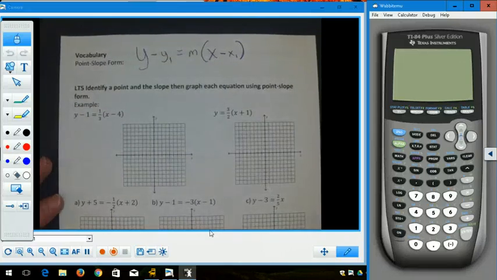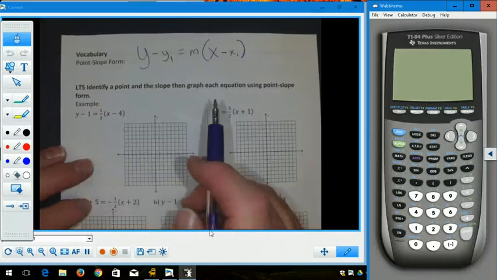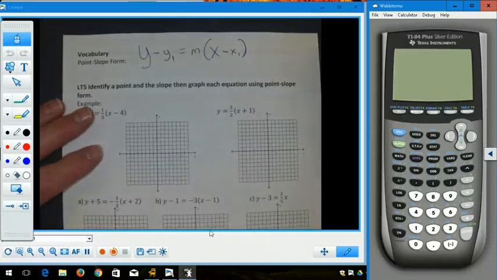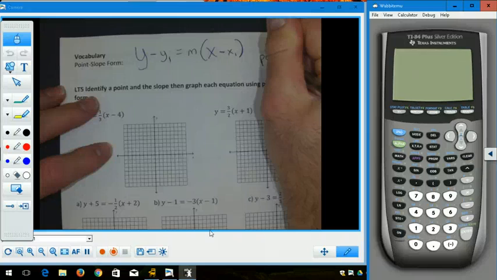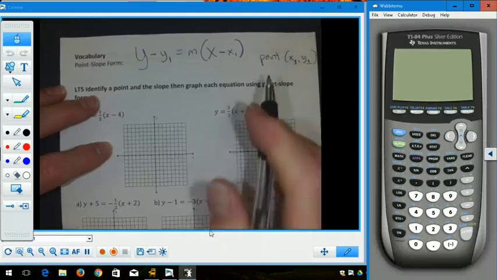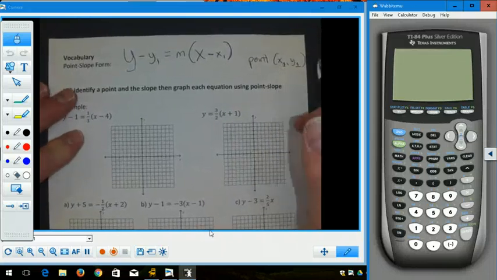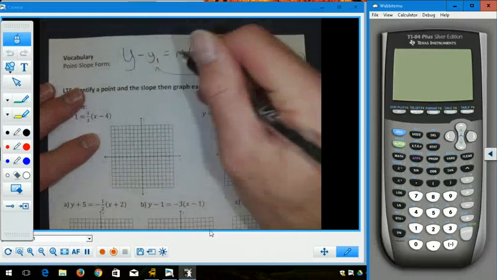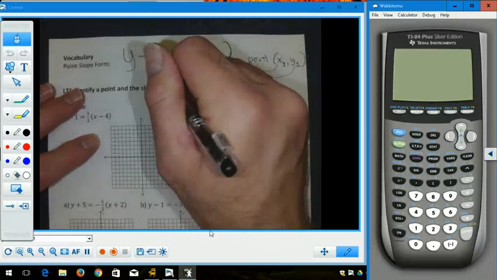So for this equation, in this form, we have a point x sub 1, comma y sub 1. And those are the values that get placed right here and right here in the equation.